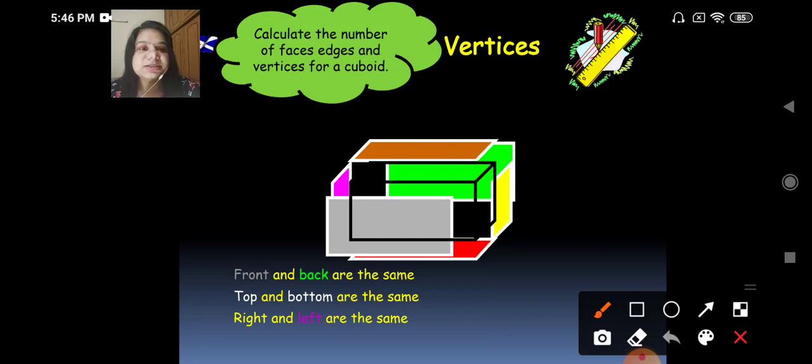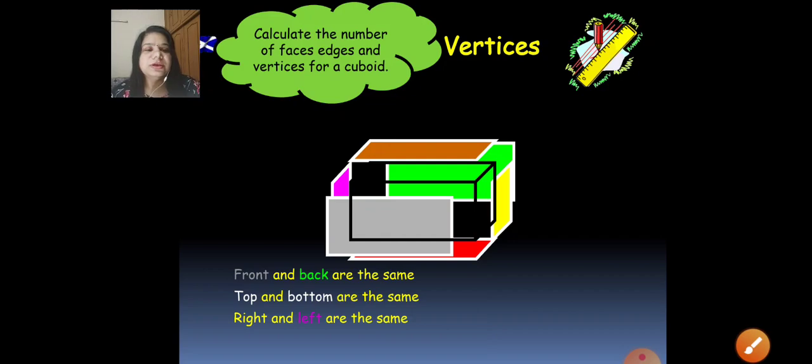How many sides does a rectangle have? I am going to mark 1, 2, 3 and 4. So each face is a rectangle here in the cuboid. So each face is having 4 edges, and each face is having how many corners? Here 1, 2, 3 and 4, because a rectangle is having 4 vertices. So each face is having 4 vertices, correct?